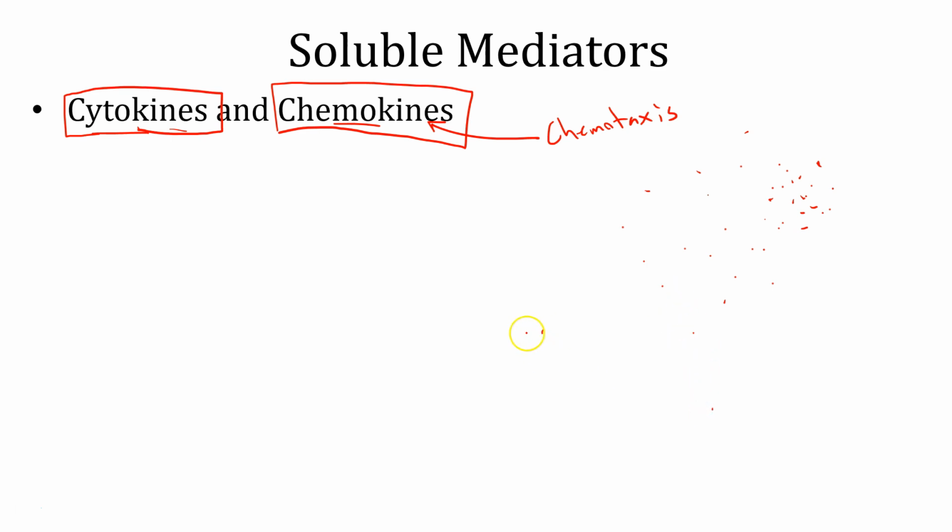And then basically a cell that is able to find a place through chemotaxis will be able to locate the place of the highest concentration of chemokines. So that would be called positive chemotaxis. It's going up and up and up the concentration gradient until it finds the source of the chemokines.